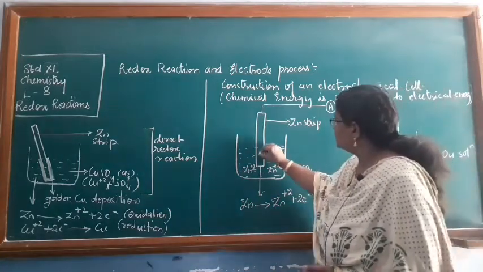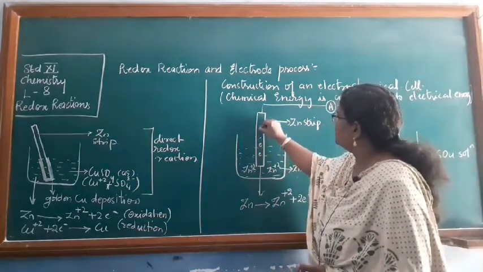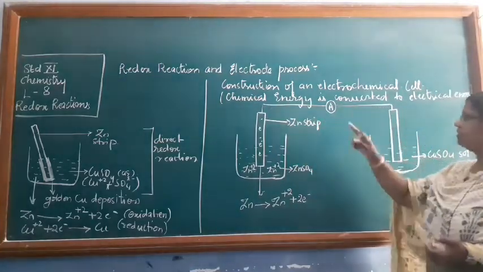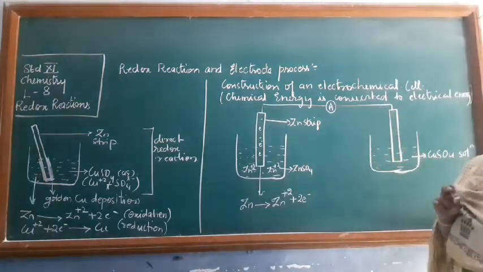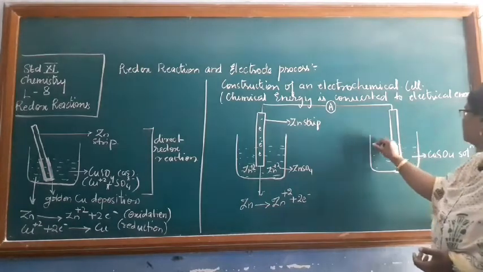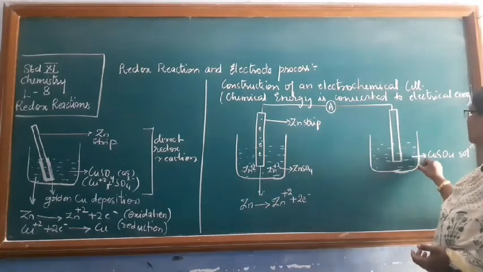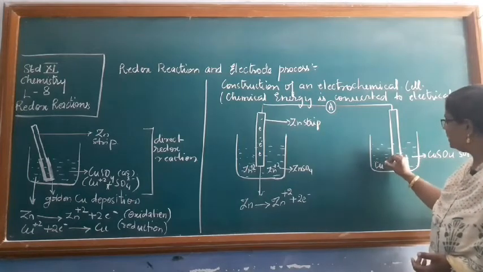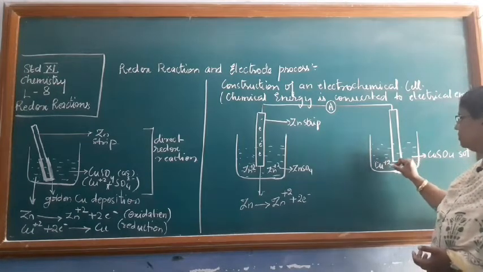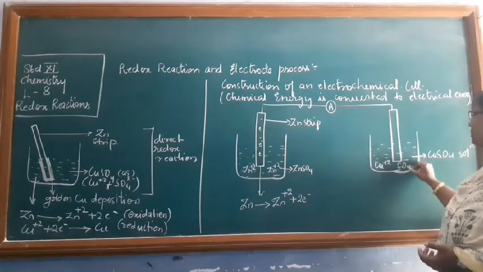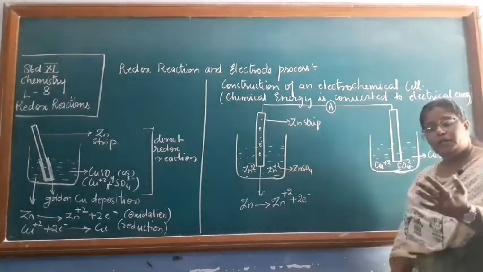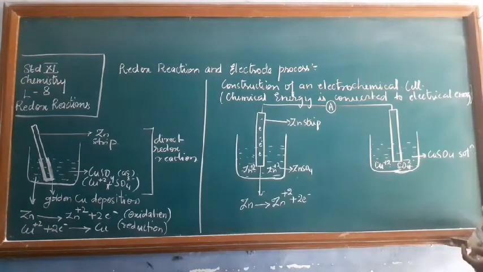And these electrons travel through the external circuit to the copper. So this is your copper sulphate solution, in which Cu plus 2 ions and SO4 2 minus ions will be existing. Similarly here Zn plus 2 and SO4 2 minus ions will be present.